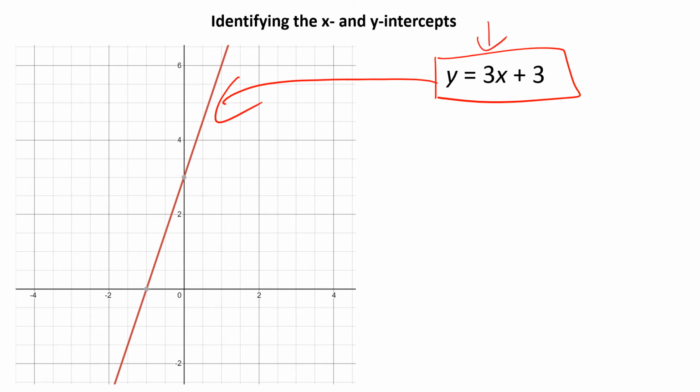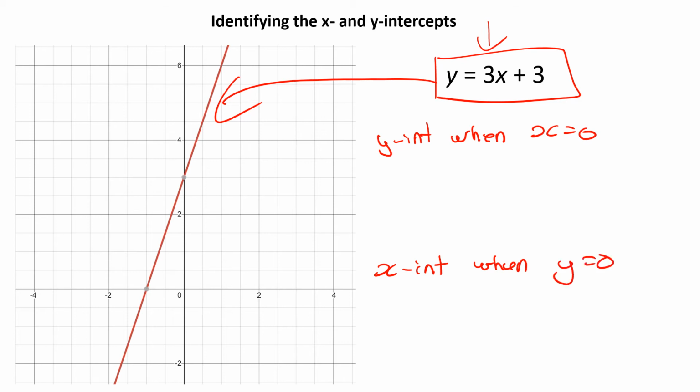But what I wanted to show is a way, if you're given the equation, you can identify the x and y intercepts. So remember what I said before: y-intercept, just for short, is when x equals 0, and x-intercept when y equals 0. So what we can actually do is use that equation.